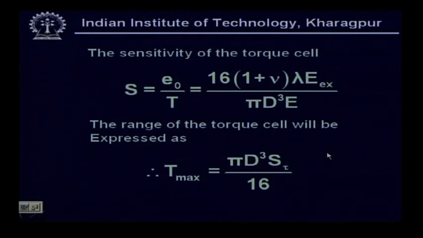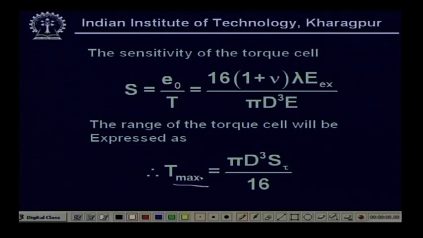Now, the range of the torque cell will be given by T max, the maximum value of the torque, equal to pi d cube S tau by 16, right. If you reduce D, the value of the maximum torque will also be reduced.